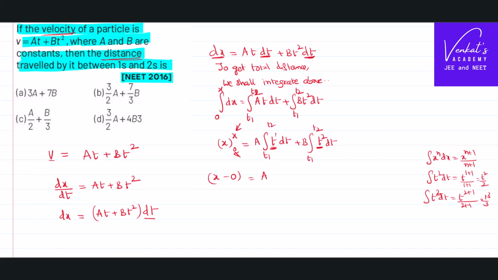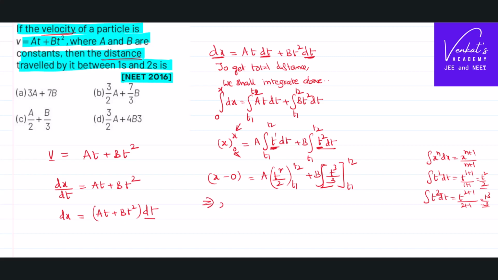Knowing these two values, let us substitute these values in that equation. a integral of t power 1 dt is t square by 2, whose limits are of course from t1 to t2, plus b integral of t square dt is t cube by 3, of course whose limits are from t1 to t2.